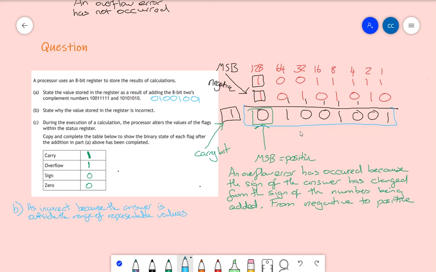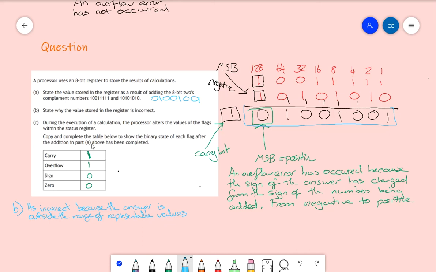It's not asking you to calculate the decimal equivalent of these. It's just asking you to answer the question using your knowledge of the CPU status flags and the rules that apply to the flags.